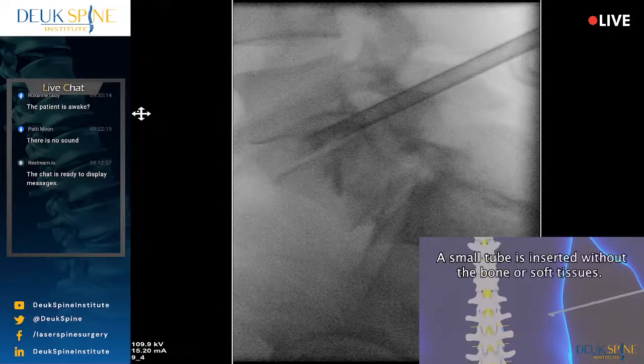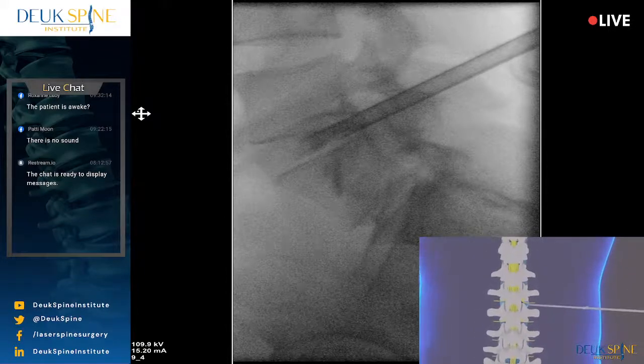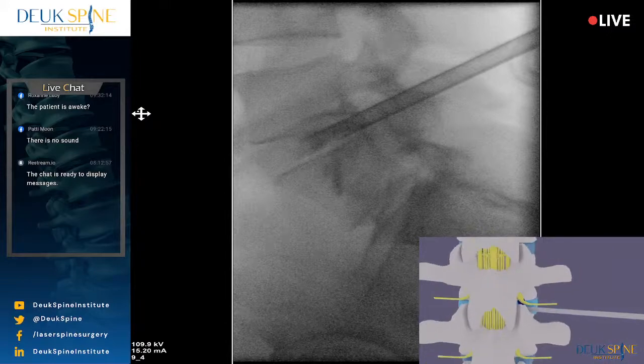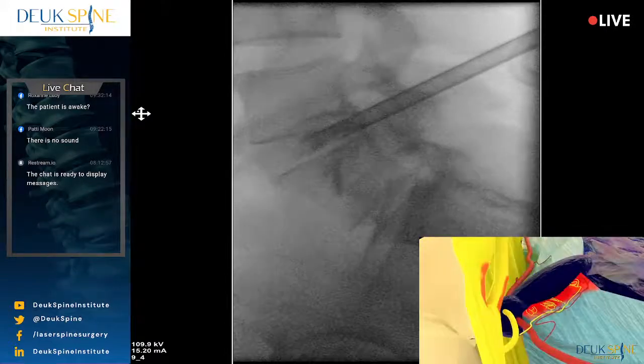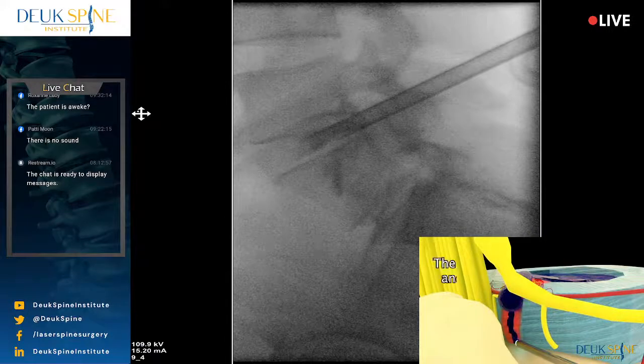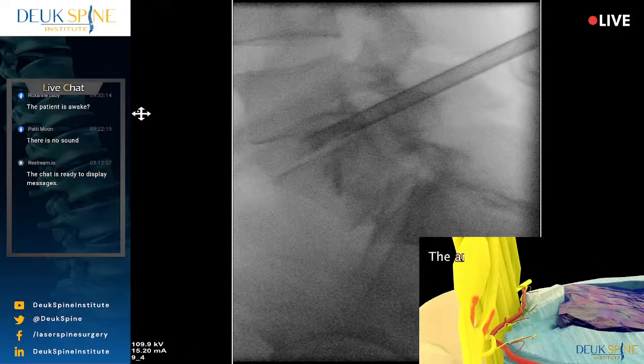A small tube is inserted without damaging the bone or soft tissues. The laser removes the herniation and debrides the annular tear. The annular tear heals on its own.